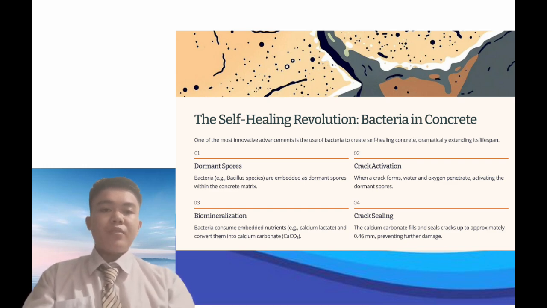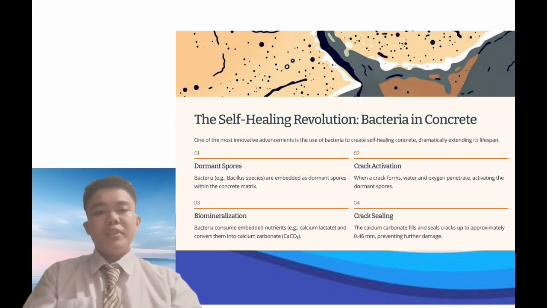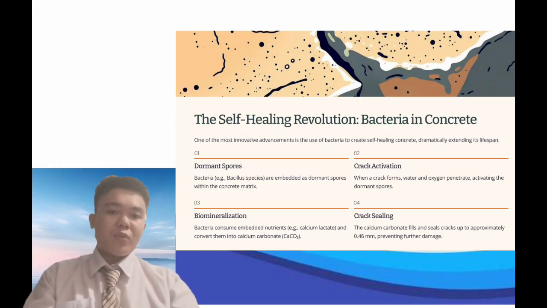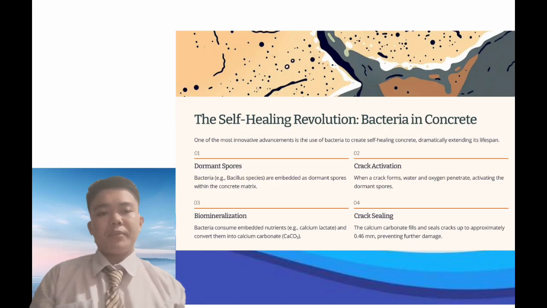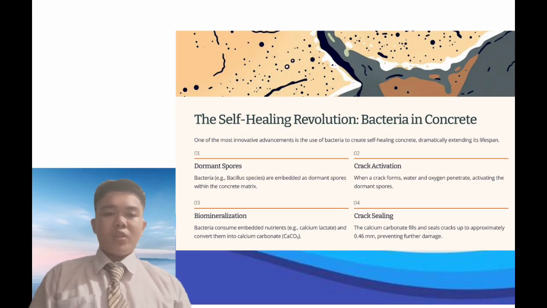In the presence of oxygen, the bacteria oxidize the calcium lactate, breaking it down into calcium ions, carbon dioxide, and water. Inside the highly alkaline concrete environment, the released calcium ions react with the carbon dioxide to form calcium carbonate, a solid mineral similar to natural limestone.